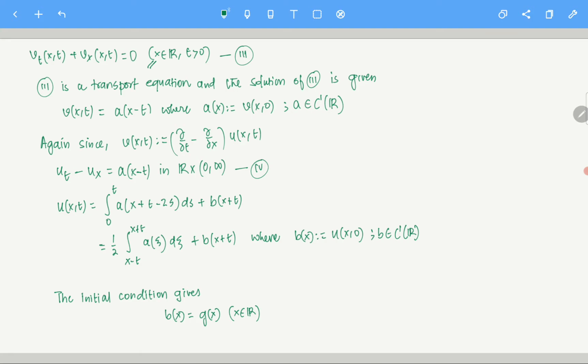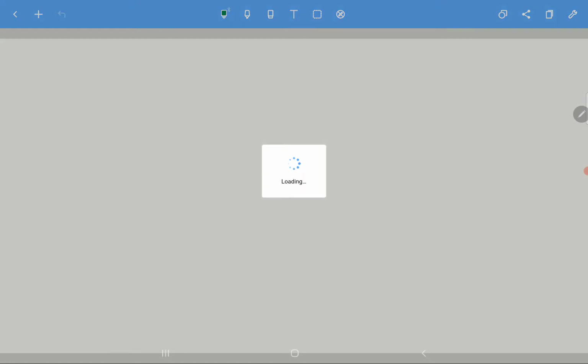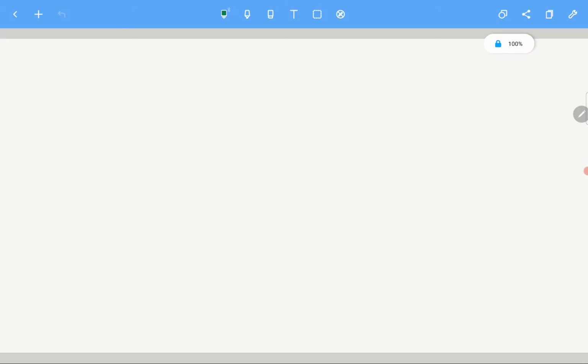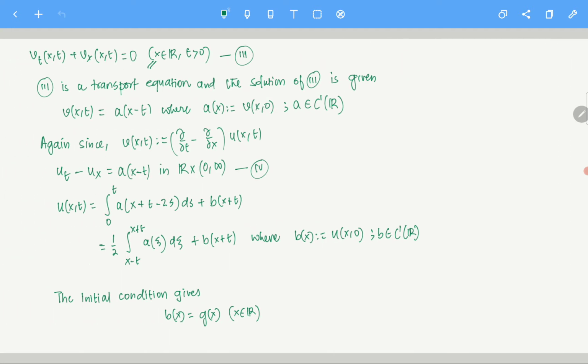Okay, now what about the other one? So let us write it down. Now I will use the second initial condition. The second initial condition will give us a of x equals v at the point x0. That is what we defined.